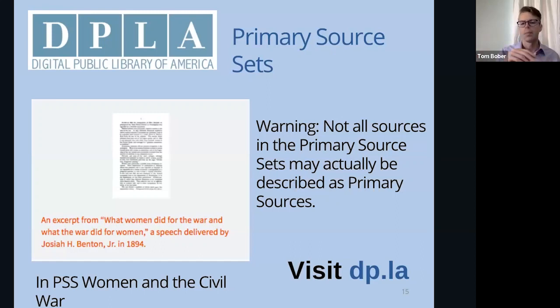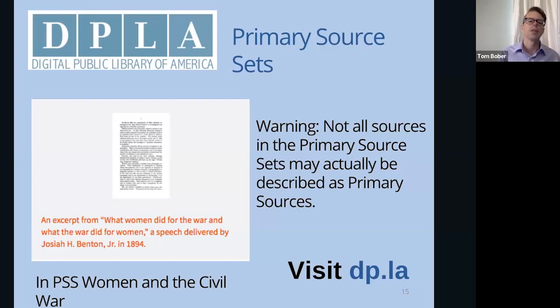With the Watsons example, not all of the sources in the primary source sets, I would not count them all as actual primary sources. So for example, in this particular primary source set about women and the Civil War, there is an excerpt from this piece of writing, What Women Did for the War and What the War Did for Women, as a speech.